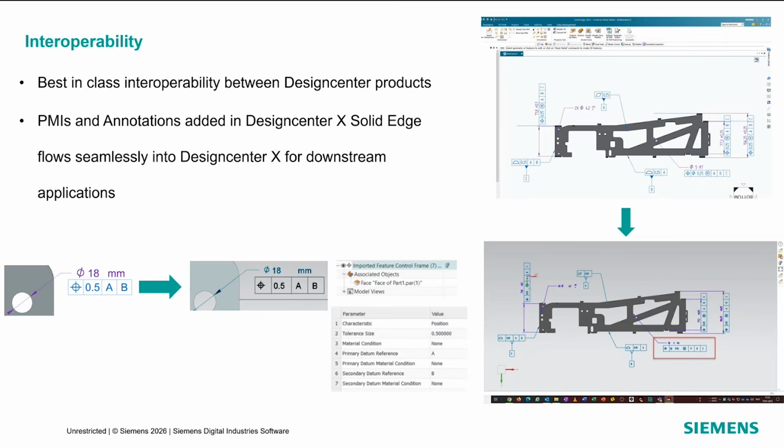So all the PMIs and annotations that get added inside Designcenter Solid Edge seamlessly flow into Designcenter X for downstream applications. And I have a picture here that will exactly explain what I mean, right? All the annotations and the PMIs are coming through inside Designcenter X for some downstream applications.